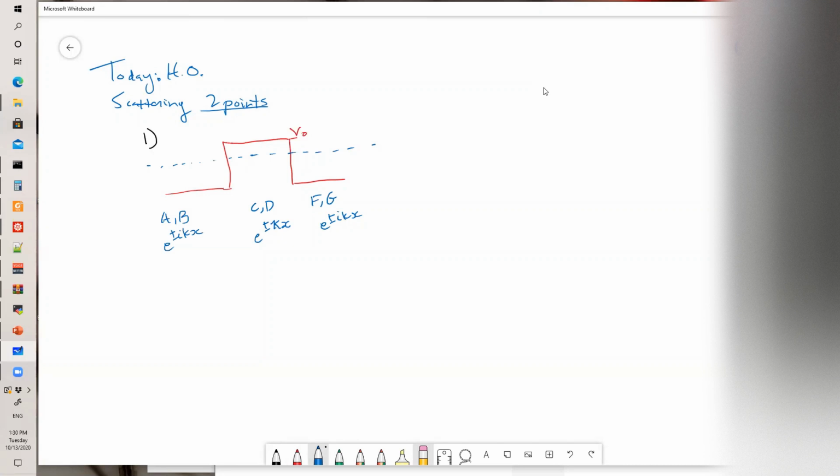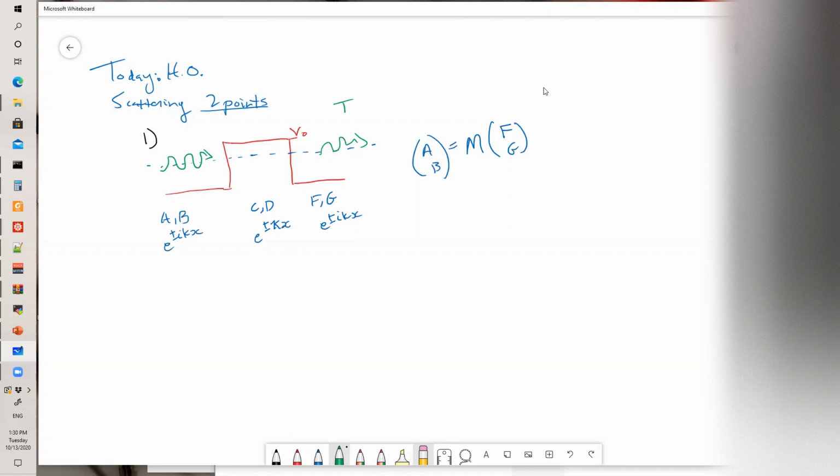And we introduced this M matrix, which takes you between the coefficients F and G and A and B. And for scattering here, we might be interested in an incoming particle, some plane wave. We maybe only want to know the transmission probability of the particle making it through this barrier.